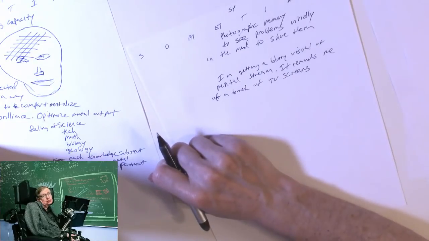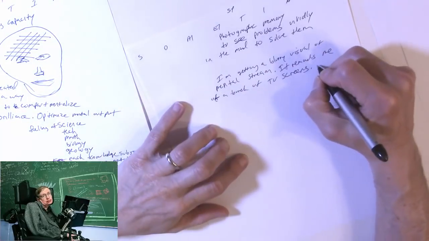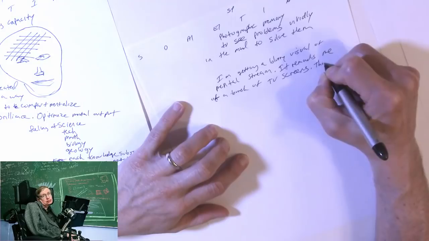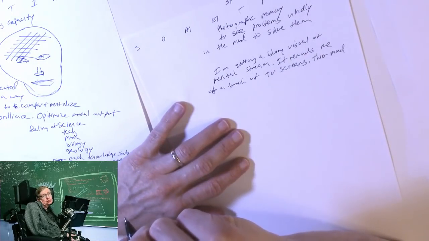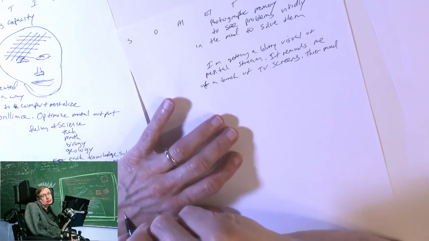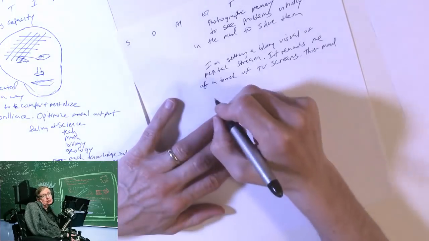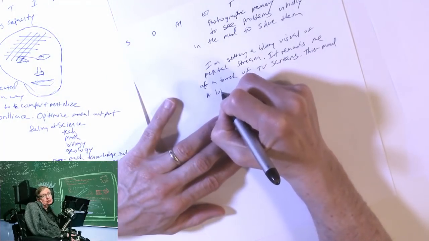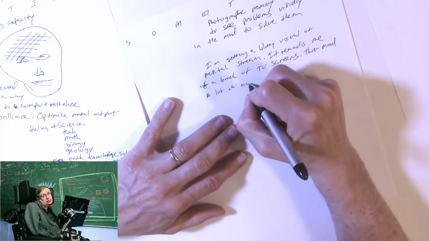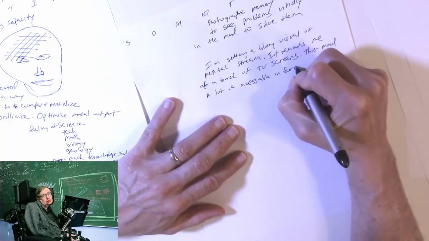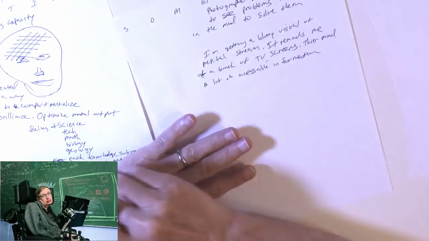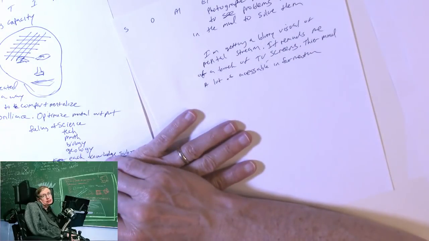Bunch of TV screens in their mind, you know, that's in their mind. Their mind is like that, with a lot of information accessible. A lot of accessible information.